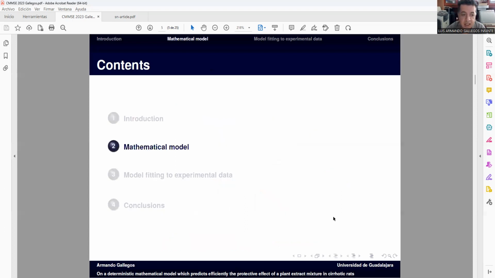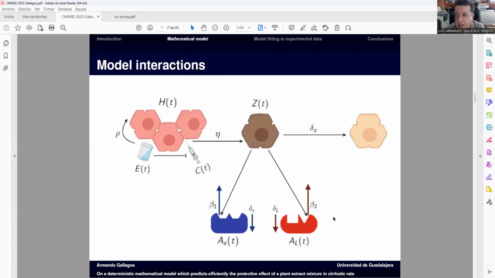Okay. In our biology group here in the university, they performed an experiment with rats, where the rats were induced with cirrhosis with tetrachloride, and of course the healthy hepatocytes become damaged, and these damaged hepatocytes die.